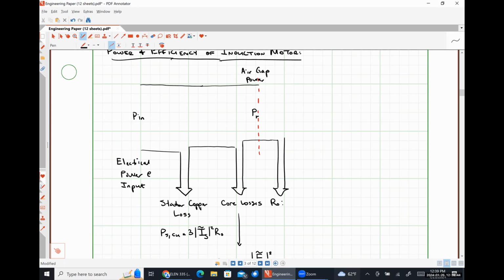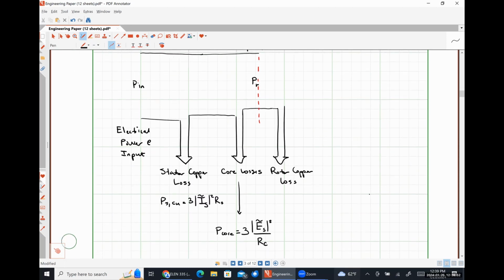So here we have our rotor copper loss, which we already know. The mathematical expression for P_R,CU is equal to 3 times the current flowing through our rotor squared times our rotor winding resistance.